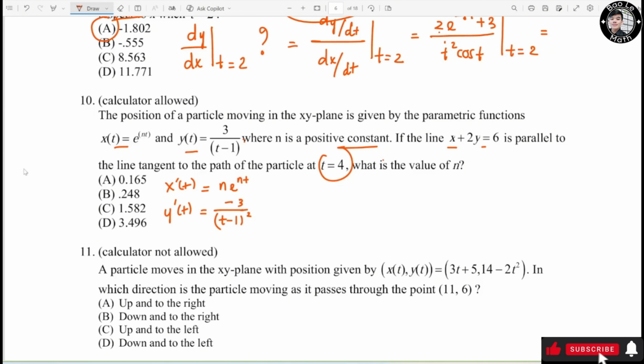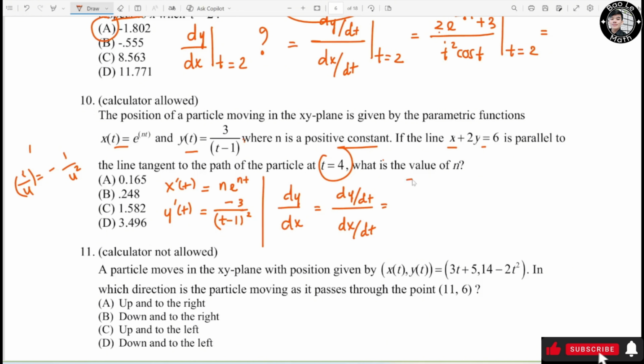So this one, the derivative of 1 over u is going to be negative 1 over u squared. So you have dy over dx equals dy over dt divided by dx over dt.